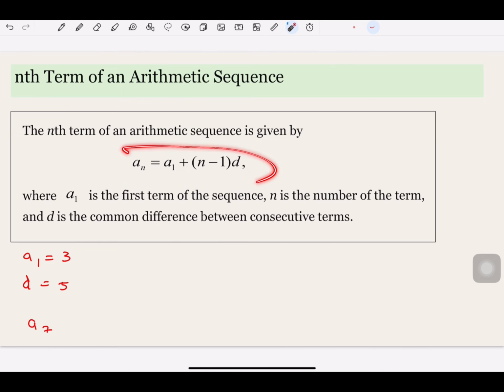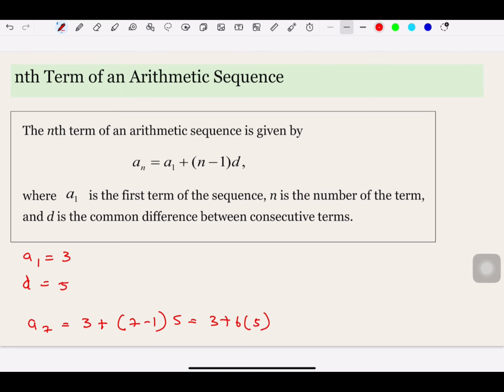You write the first term plus 7 minus 1 multiplied by d, where the common difference is 5. If you simplify this, you'll get 3 plus 6 multiplied by 5, which is 3 plus 30, 33. So your seventh term is 33.